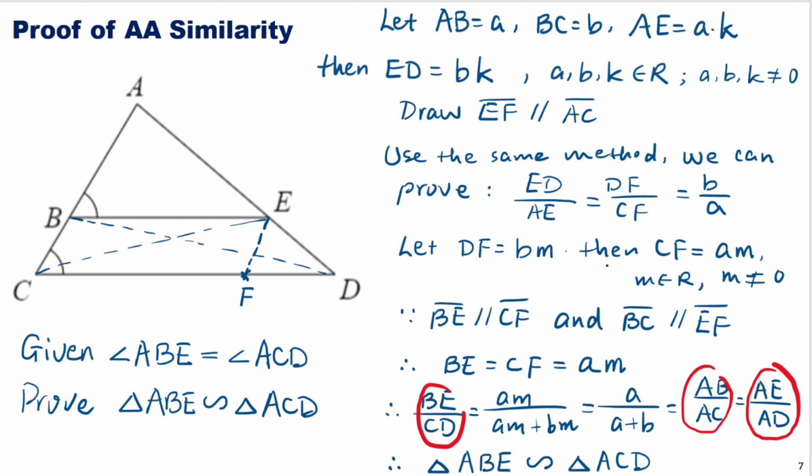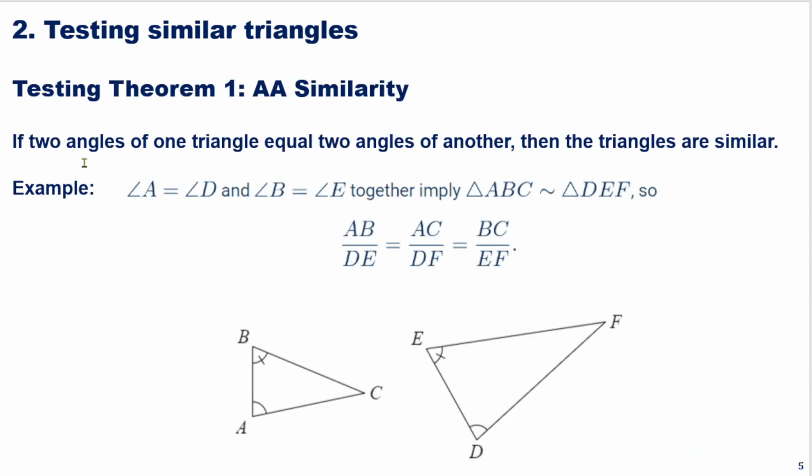If you know one pair of angles from a pair of triangles are equal, and another pair of angles of the two triangles are also equal, according to AA similarity, we can conclude that these two triangles are indeed similar with each other, right? You follow me? Okay, in summary, if two angles of one triangle equal two angles of another, then the triangles are similar. This is called testing theorem 1, AA similarity.